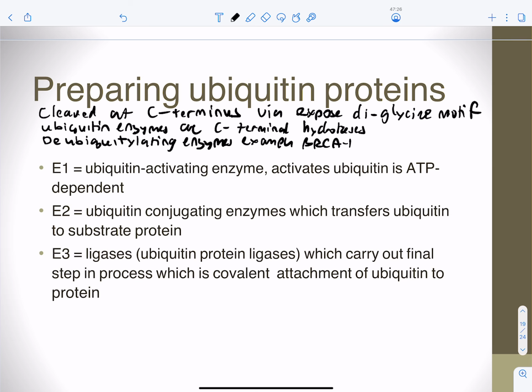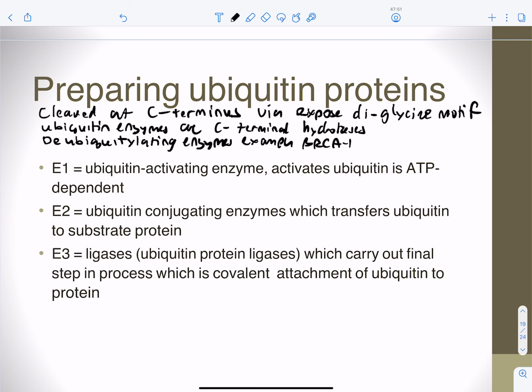So you have basically 3 enzymes that are required to attach the C-terminal glycine of ubiquitin to a lysine residue on a targeted protein. And the 3 proteins are E1, E2, and E3. E1 is simply ubiquitin activating enzyme. It's going to activate ubiquitin, and it is ATP dependent.